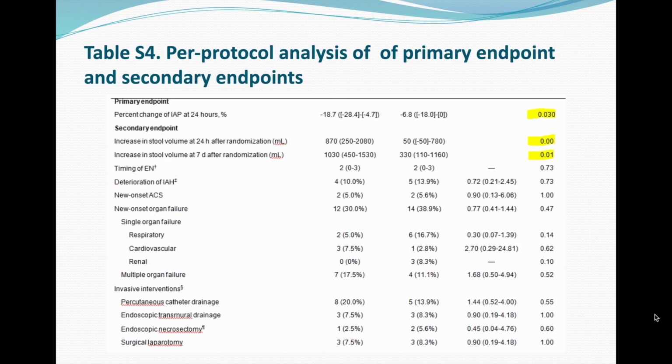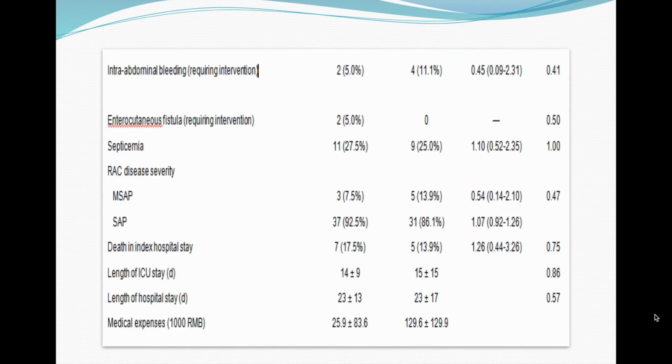Now per protocol analysis of primary and secondary endpoints: again the percentage change of IAP at 24 hours was clinically significant in the Neostigmine group. The increase in stool volume at 24 hours and day 7 in the Neostigmine group was significantly higher. Rest all, there was no significant difference.